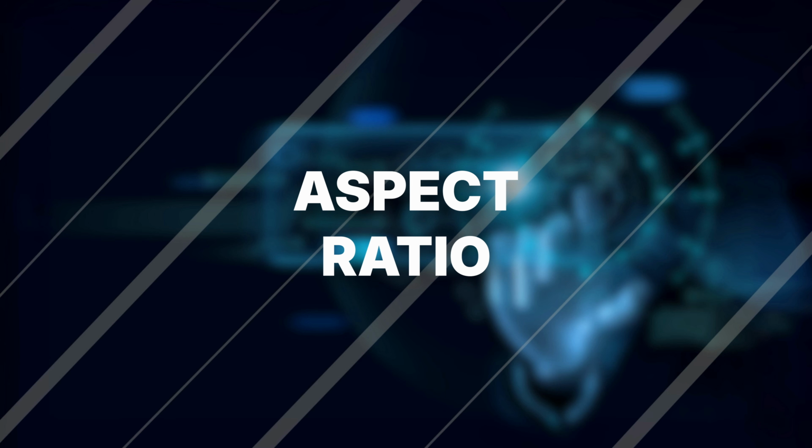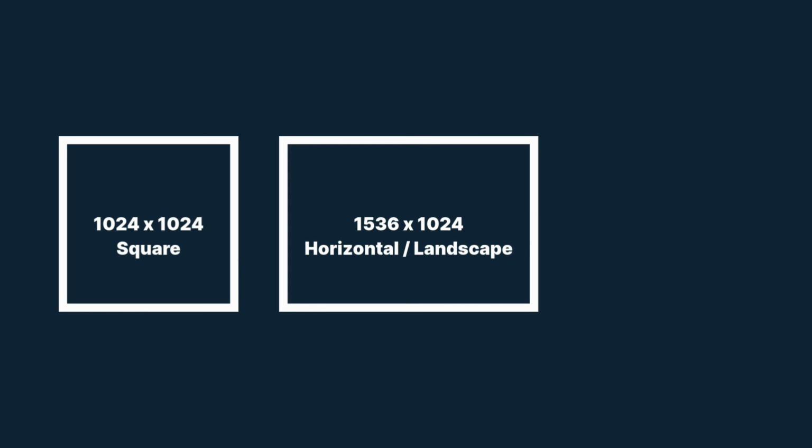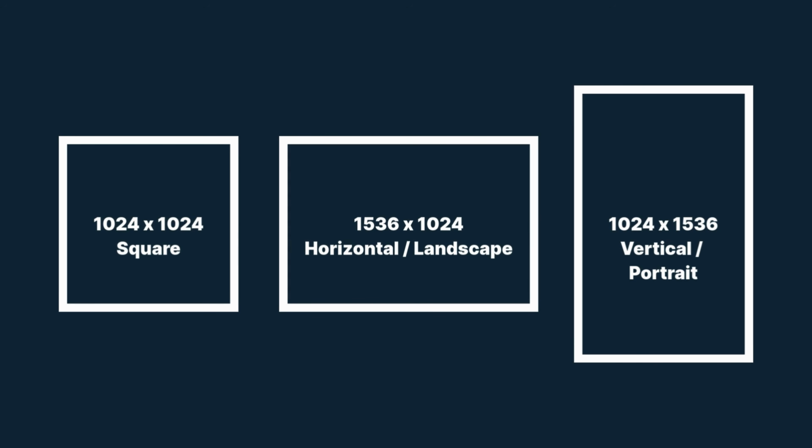Let's have a look at aspect ratios. ChatGPT can create images in three shapes. Number one, a square, 1024 by 1024 pixels. Horizontal or landscape, it's 1536 by 1024 pixels. Or vertical or portrait, 1024 by 1536.